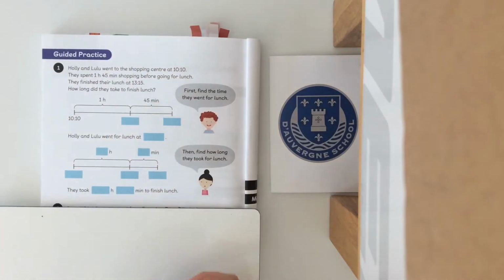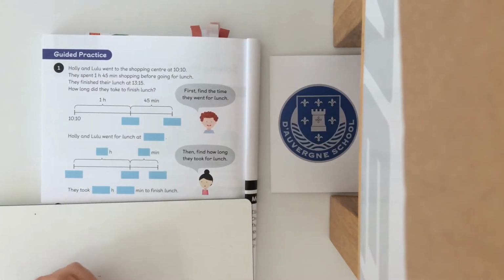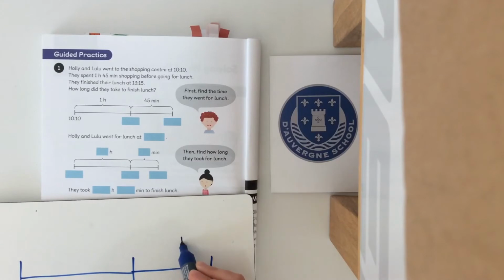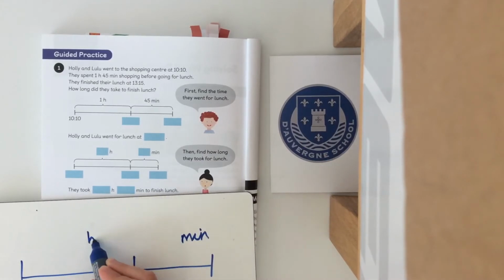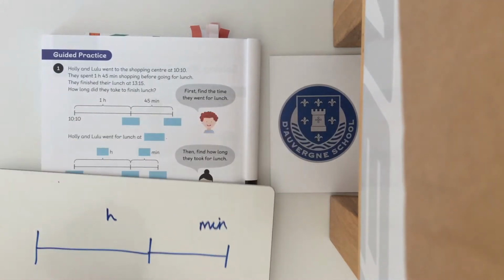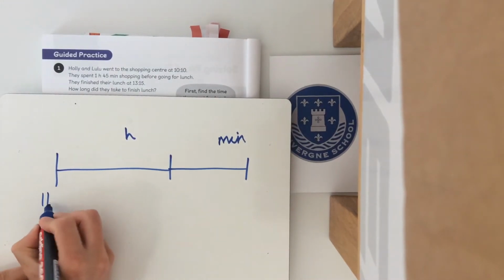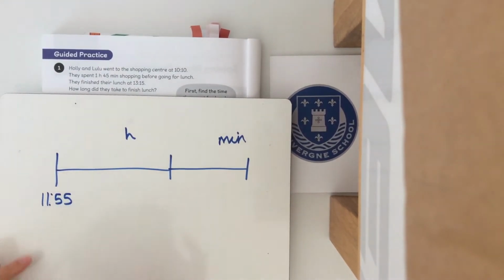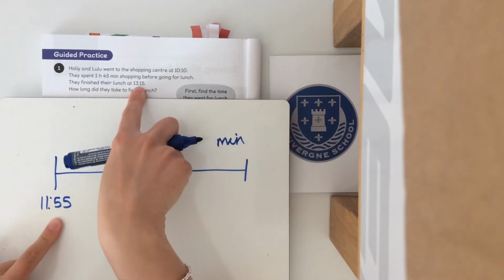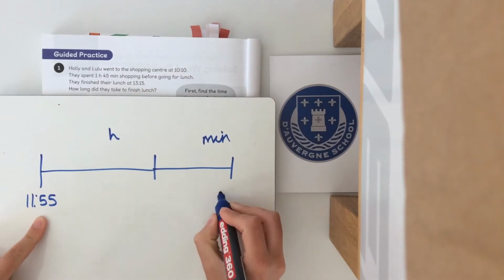So I'm going to draw this on my whiteboard to make it a little bit easier to write in and share our answers. So we know that they began their lunch at 11:55. We also know that they finished their lunch at 13:15.